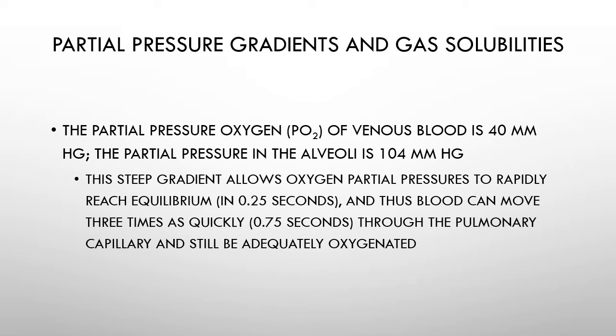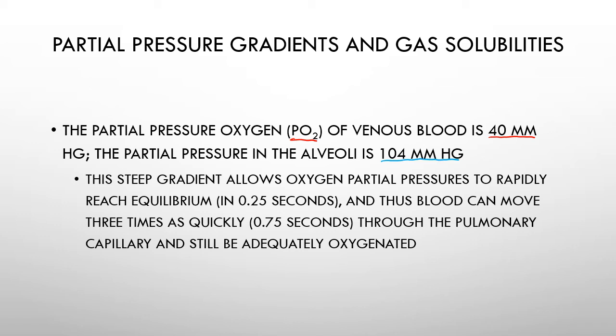So the PO2, or the partial pressure of oxygen, and the PCO2, the partial pressure of CO2, are the two major gases that we're concerned with the majority of the time. And so our PO2 is going to be different between the alveoli and that of the capillaries. In the bloodstream, we have a venous PO2 of approximately 40 millimeters of mercury, but inside the alveoli, we have a PO2 of approximately 104.